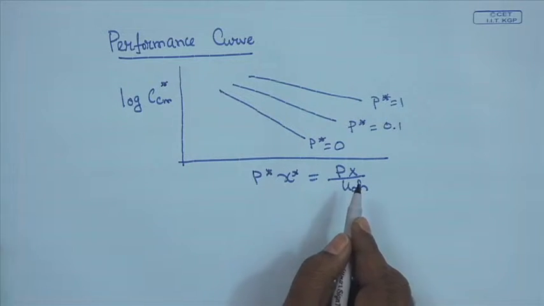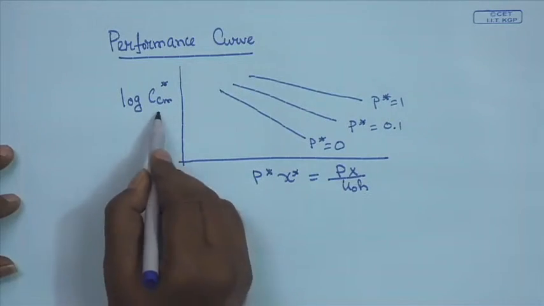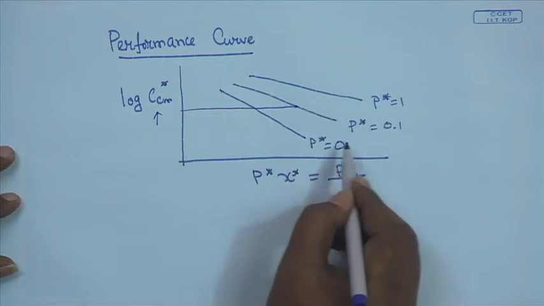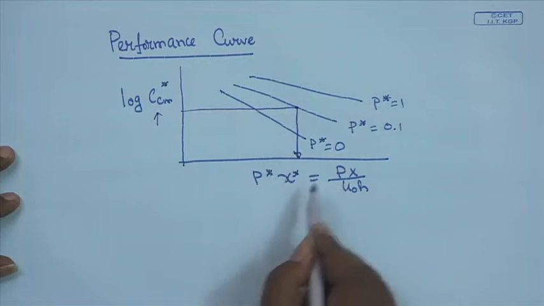So now if you would like to design the length of the dialyzer for a particular removal of the solute, then from that particular removal we can estimate the value of CCM star. We can directly go for that value of P star. If P star is 0.1, we can directly come here and get the value of X star.